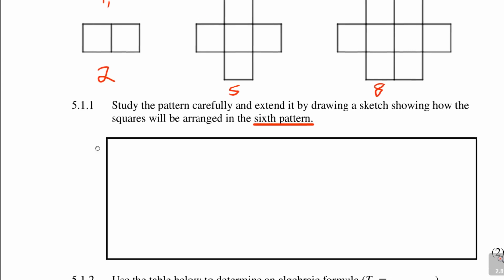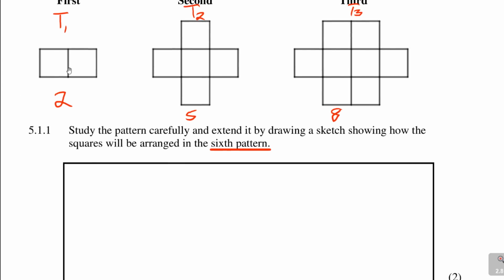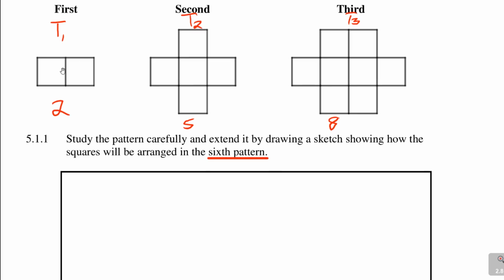You need to be just clever here. Look at how they were drawing them. So now you have T1, you've got 2. T2 has got one of this. Look at this. It's T2, but it has got one. It's T3, but it has got 1, 2, which means it is one less.